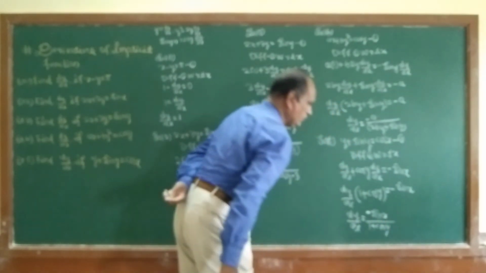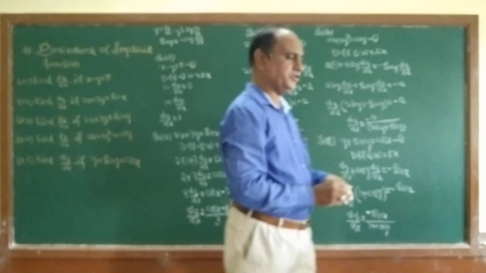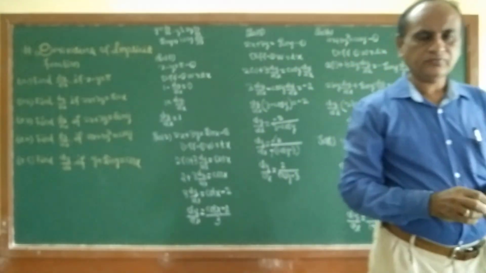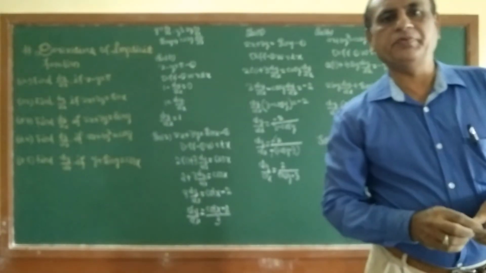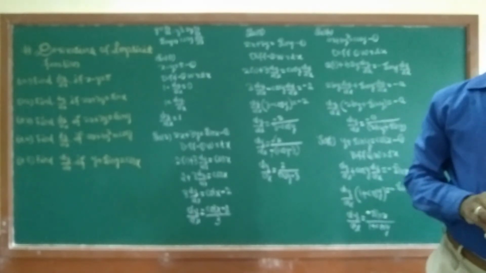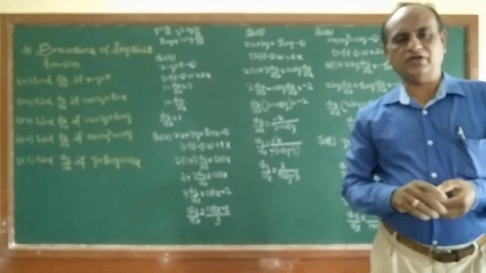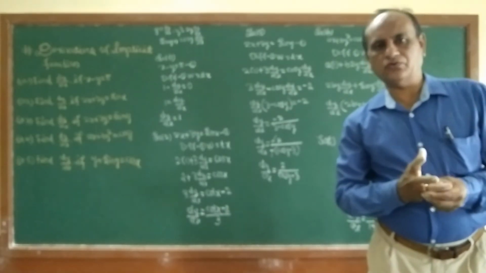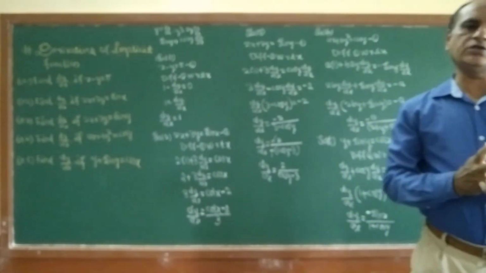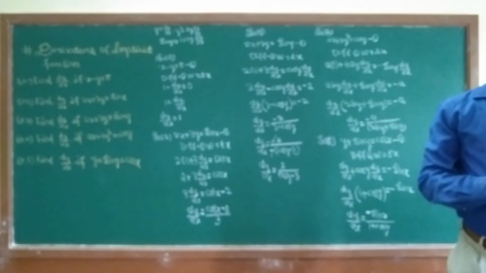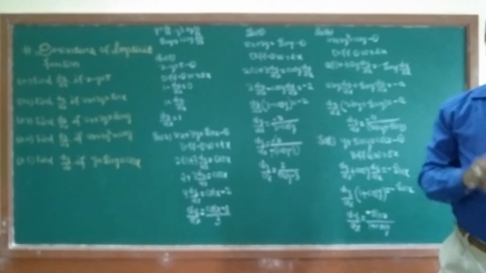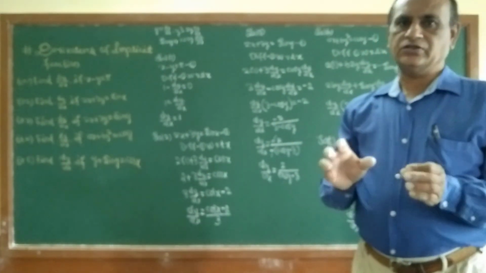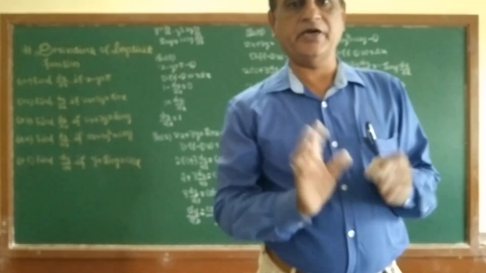Okay, in this session the problems depend on implicit functions. Implicit function means y is equal to is not given. To find the derivative of an implicit function, you just have to remember a small technique.